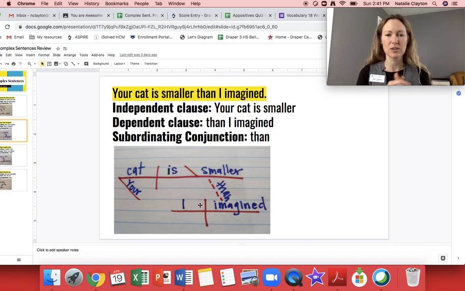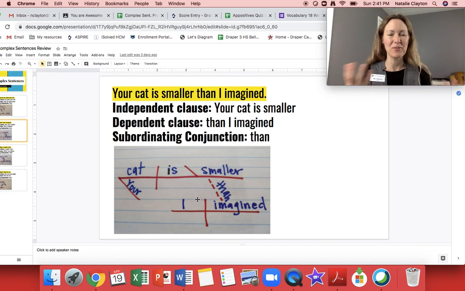We know that than is our subordinating conjunction and it's going to connect a dotted line to the word that it's modifying. But looking at this as a whole, what is the adverb modifying? We take the verb in that adverb clause and what is it modifying? So smaller than I imagine. In this case, if the question were, to what extent smaller?